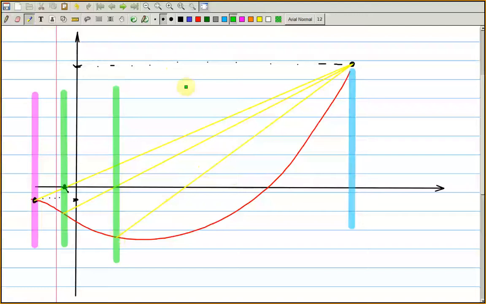Right here is where the new bound would be. And again repeat the solution. Right here is where the new bound would be.